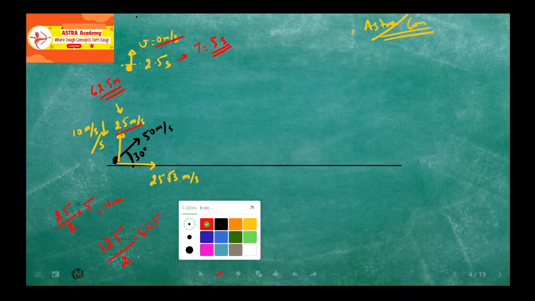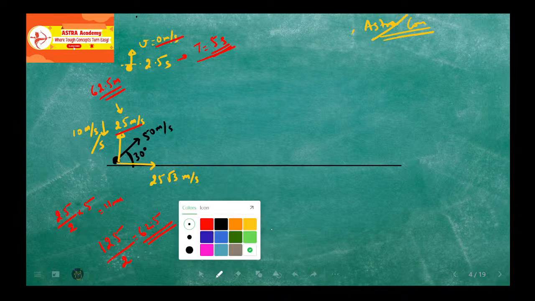It was my purpose to make you understand. I don't prefer rote learning. You have to understand the concepts and then you will be able to do those questions, right? So the time of flight we have found already, the maximum height we have found.